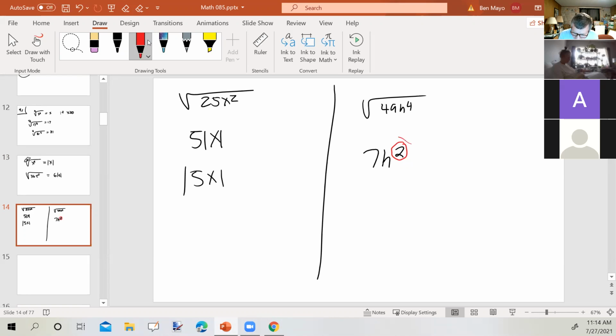So we don't need them here because h squared can't be negative because it's squared. Is that making sense? And then why can it on number 2 then? Because here, when you've got just, let's say you just leave it as 5x, x could be a negative number, and 5 times a negative number would be some negative.